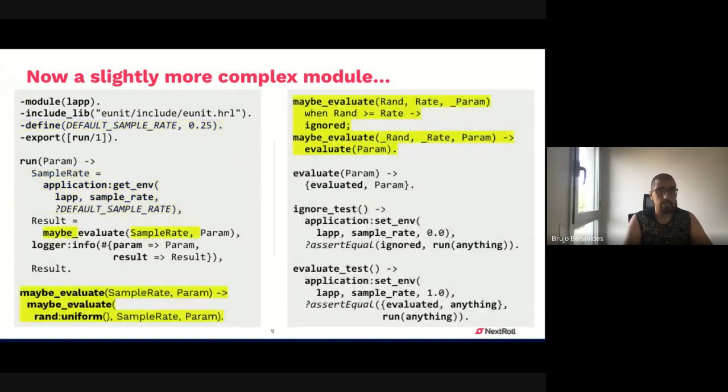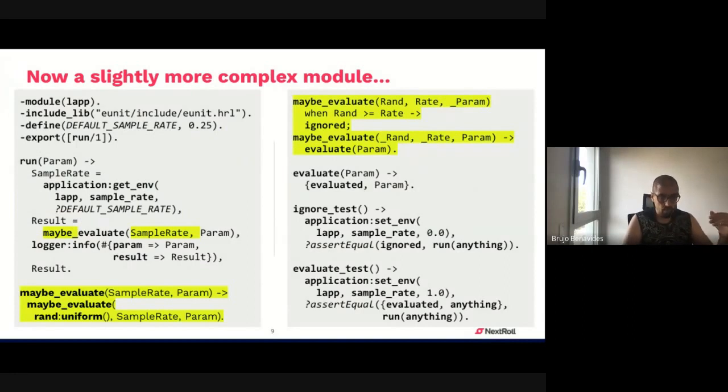Then, instead of always evaluating the function, you introduce an intermediate function to maybe evaluate based on that sample rate that you retrieve from the application environment. That maybe evaluate function, as you can see here, is very simple. It calculates a random value, and if it's over the rate, the evaluation is ignored, and if it's under the rate, the evaluation is performed as usual.